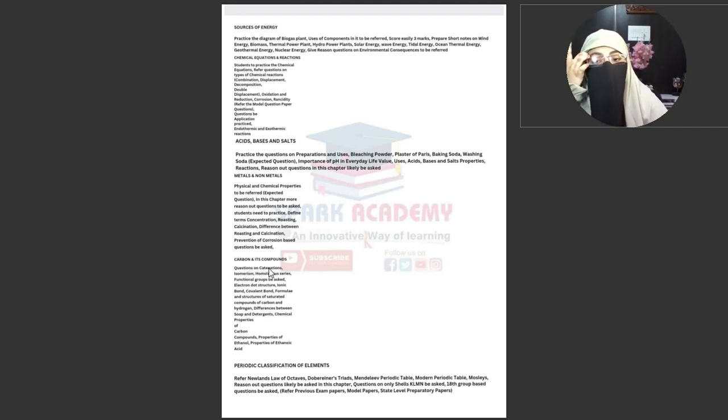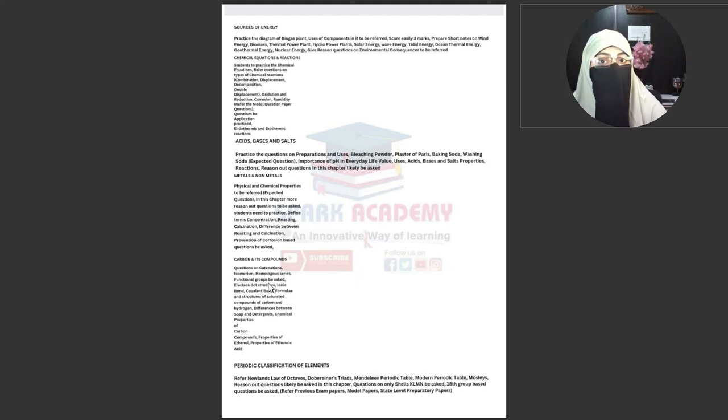The questions from this will be catenation, the chain making ability of carbon, then the isomerism phenomenon, then homologous series and its formula, then functional groups, like what is the functional group of alcohol, that is OH, and of carboxylic acid, COOH. So these functional groups you just need to remember.